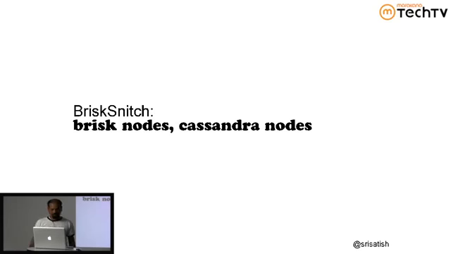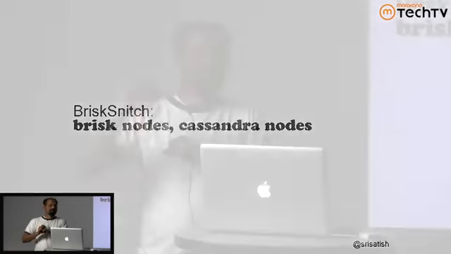Brisk snitch, right? So how do I know what is a Cassandra node and what is a Brisk node? So snitch is the concept where, let's say you issued a write. It said, write this to a different EC2 region, right? I know that US East could crash, so I want to make a copy in US West, right?